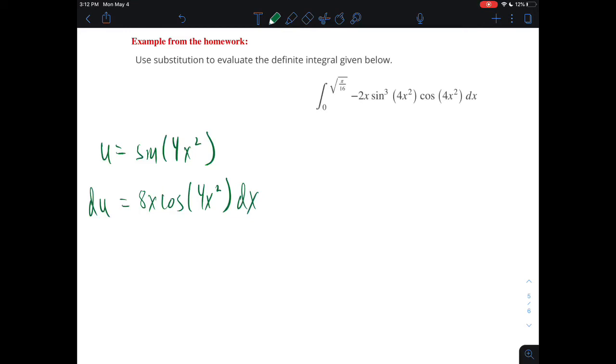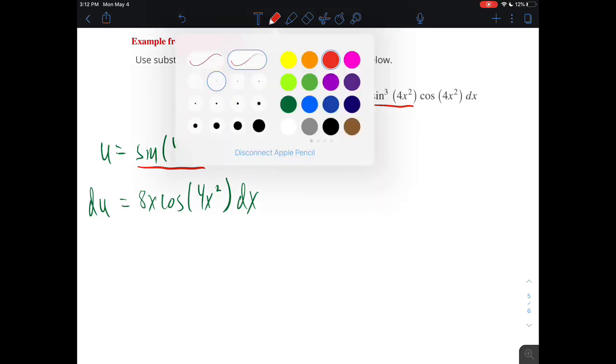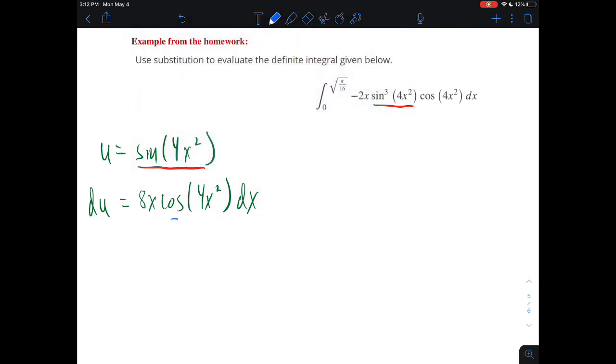So now let's just notice the things that we have. I've got sine of 4x squared, and it's part of this. It's just being raised to the third power. But then I also have cosine of 4x squared dx, which is there. And I also do have this x, which is up front. The only thing that's slightly different is I've got an 8 with my differential, and I have a negative 2 with the original integrand.